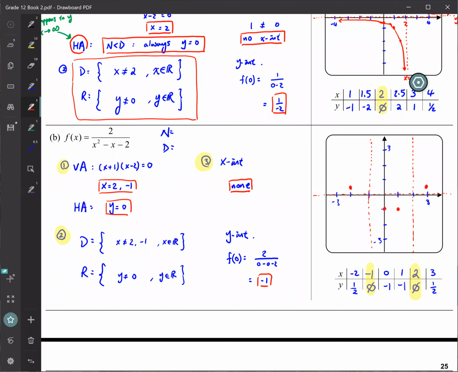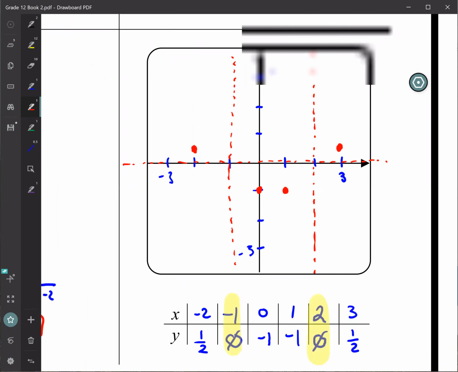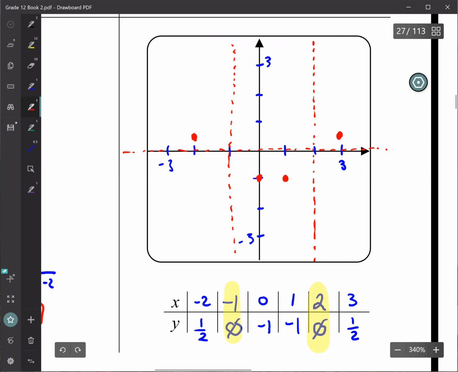Does anyone have trouble? We just have 4 dots. So how are we going to make the curve? Any question, Cindy?